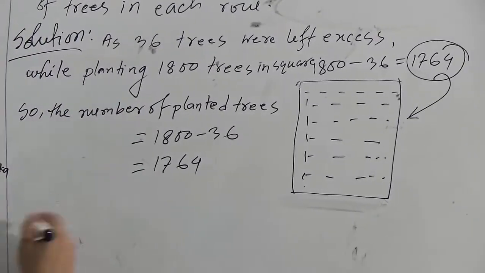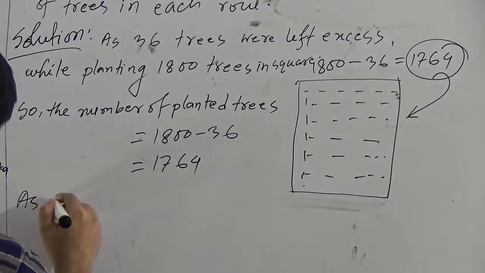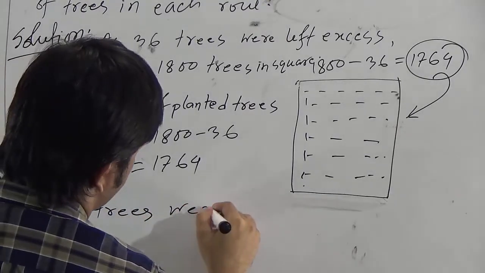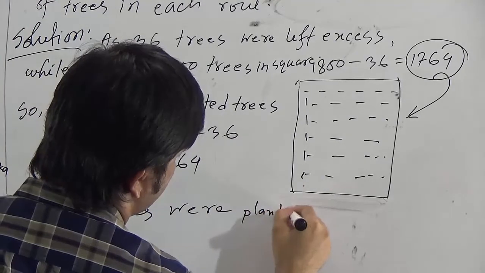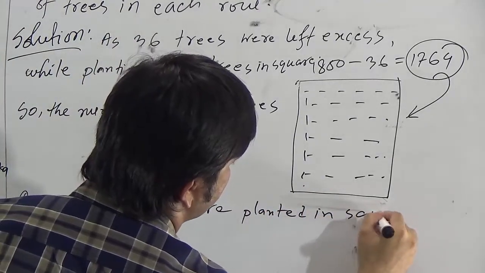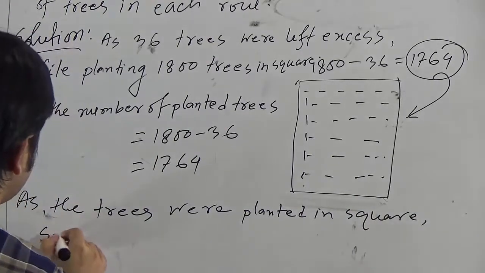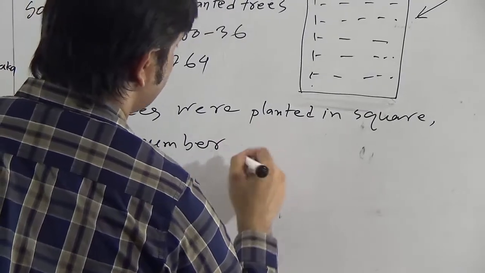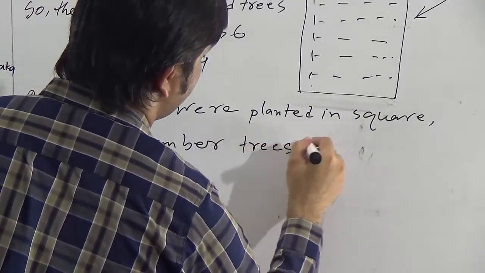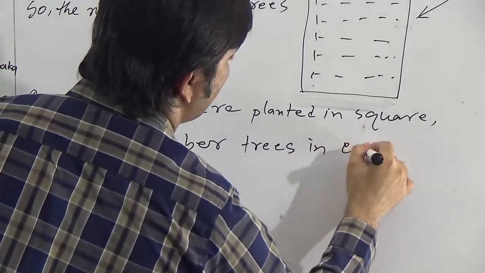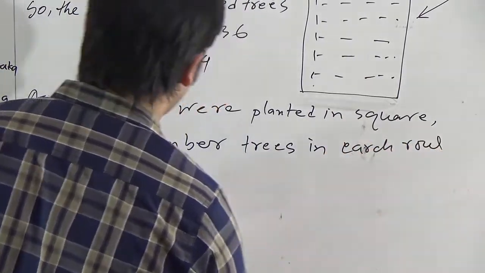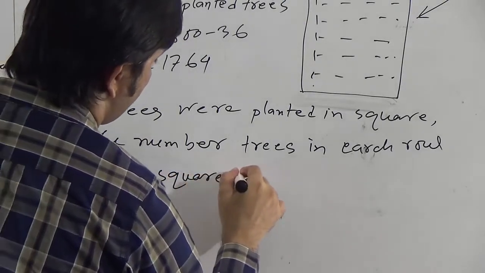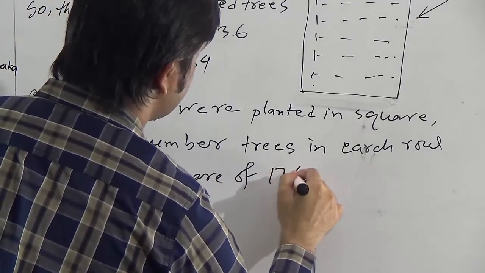So you can write, as the trees are planted in a square, the number of trees in each row is the square root of 1764.